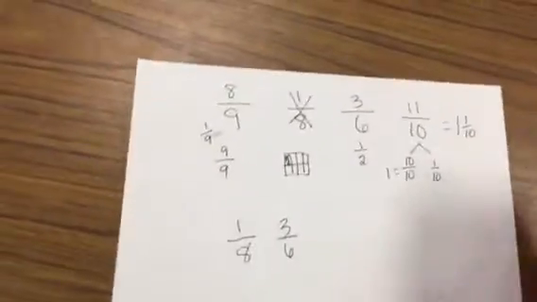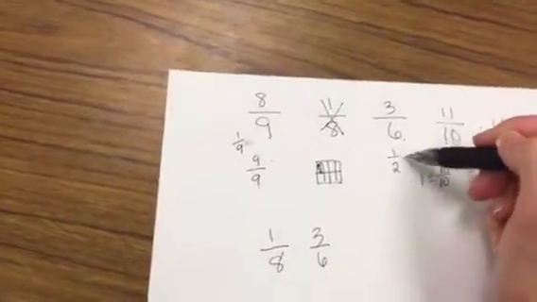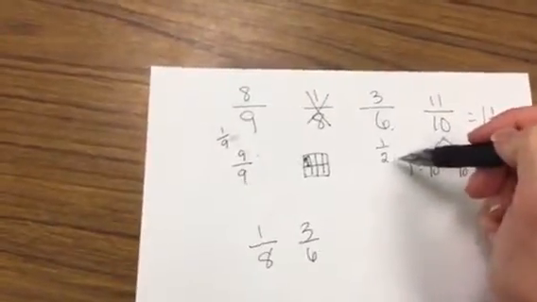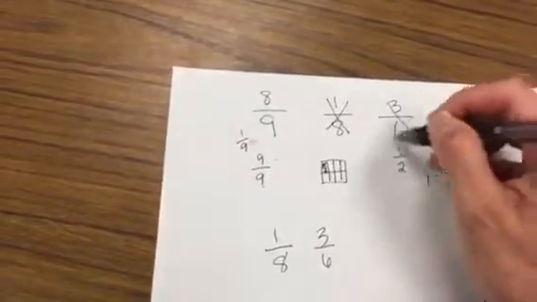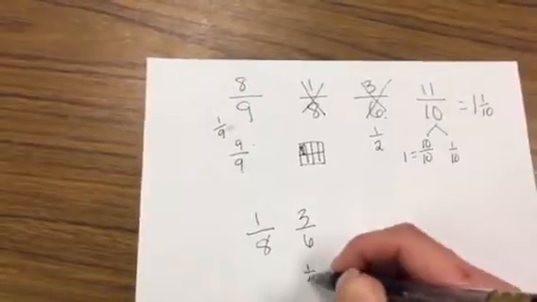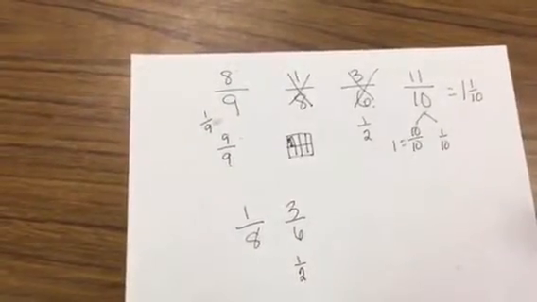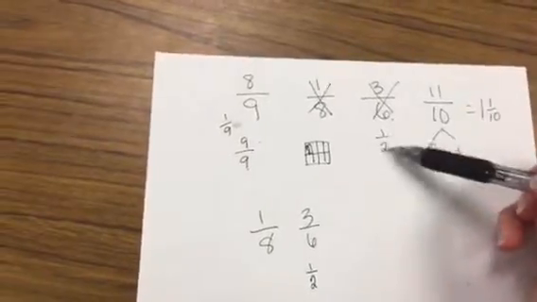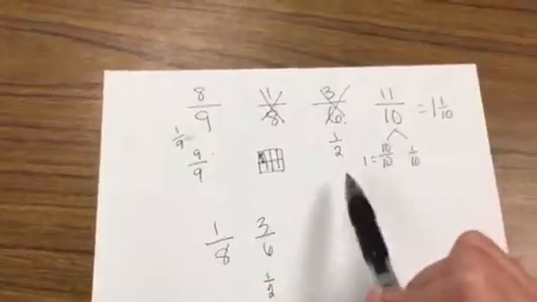And remember, I have told my class this, that if you're given 3/6, even though you know it's a half and you should be thinking about that, when you write your answer, you need to write 3/6 because that's the fraction that you were given. If you want to maybe under it write 1/2, that'll be fine, but I want you to include 3/6. So we did half. Now our two that are left are 8/9 and 11/10.